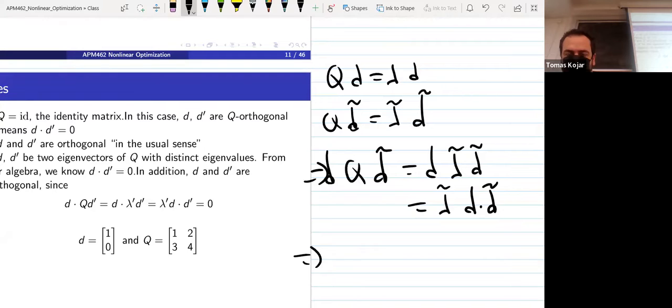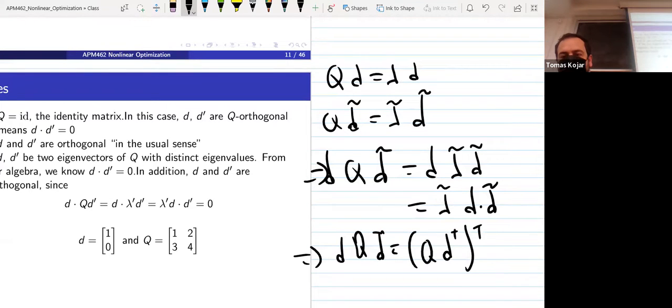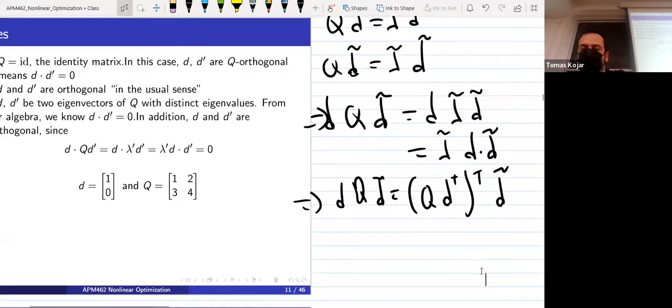But then you also have the same thing, because Q is symmetric, so I can write this as (Qd) transpose d tilde. I know it's a little bit messy, but that's the point. And this gives you lambda d transpose d tilde.